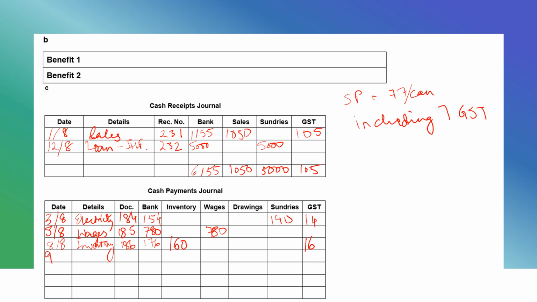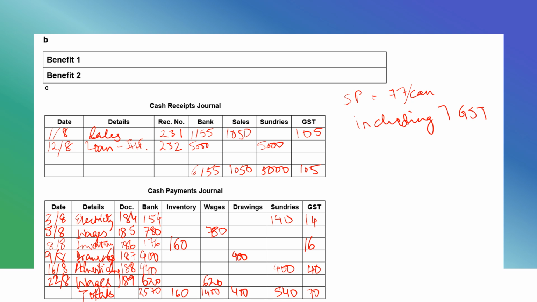Then on the 9th, we've got drawings. I've just gone ahead and completed this table. GI withdrew 400 cash for personal use. Put drawings in there, $400 in bank and drawings. Then on the 16th, you've got paid 40, including $4 GST, for advertising.